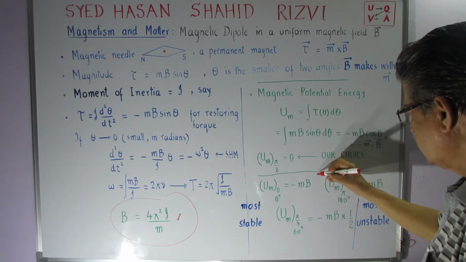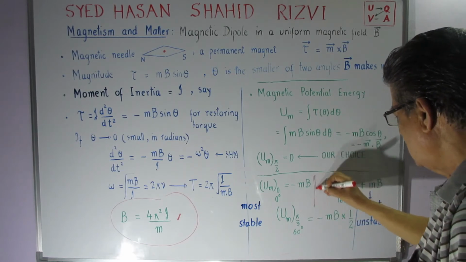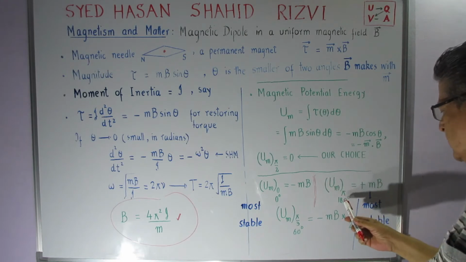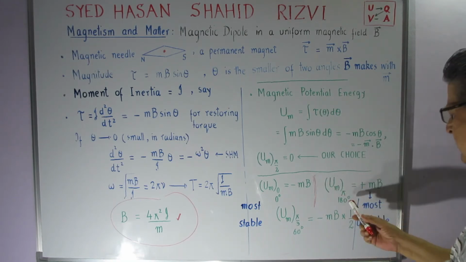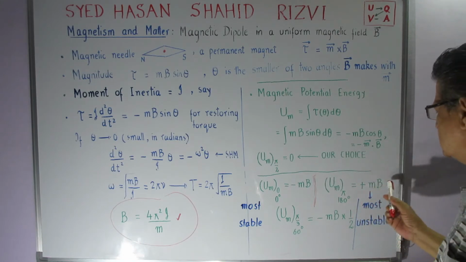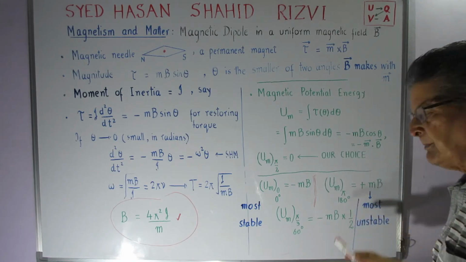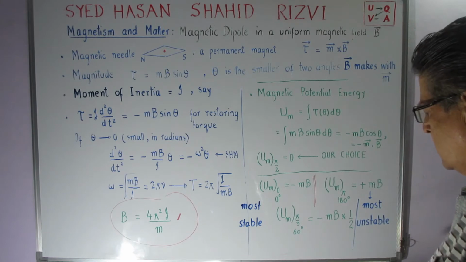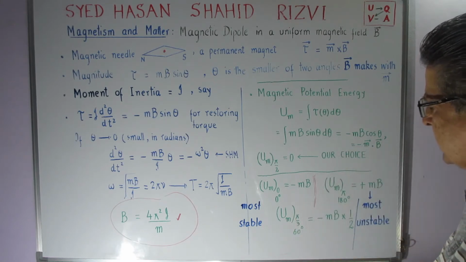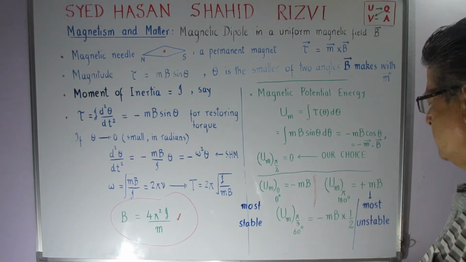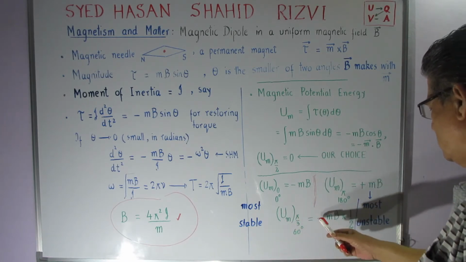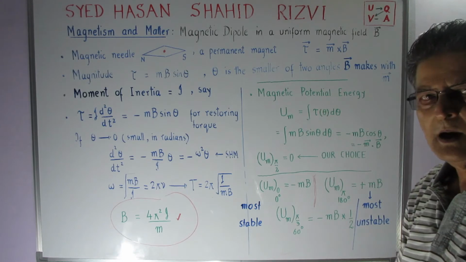Similarly at pi, which is 180 degrees, cos of 180 degrees is equal to minus 1, so this will turn out to be equal to plus mb. For example, I take it at 60 degrees, which corresponds to pi by 3. Um at this angle is equal to minus mb by half.